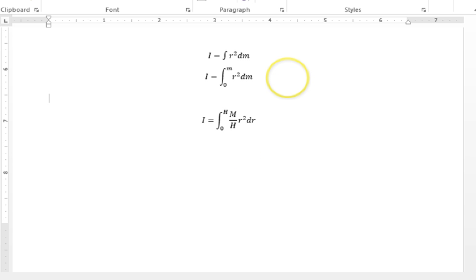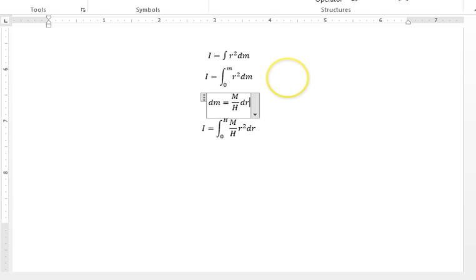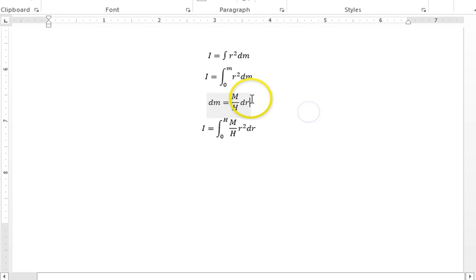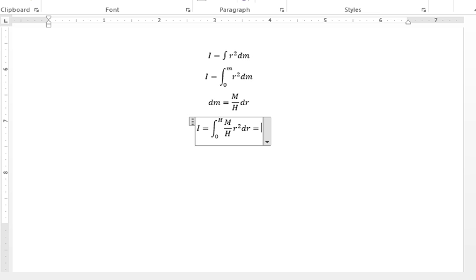And this is because we have dm equals m over h dr. The fraction of the rod, dr over h, times the total mass gives us a little differential mass. Now, m over h comes out front, and the integral of r squared is 1/3 r cubed, and we need to evaluate that from 0 to h.